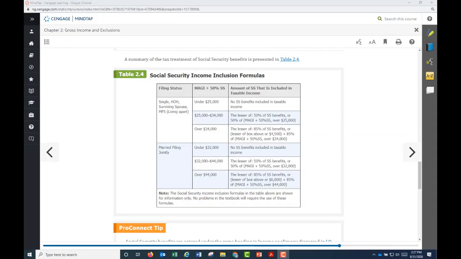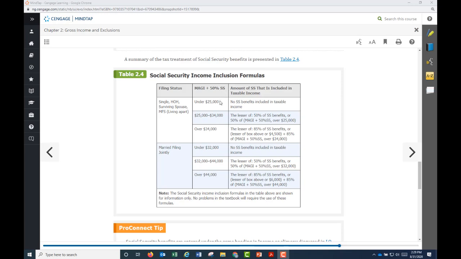Determining the amount of Social Security benefits that's taxable income is somewhat complicated, as you will see in this table 2.4. The amount of income to include as part of taxable income is based on the filing status, based on the taxpayer's modified adjusted gross income amount plus half of the Social Security benefits amount.